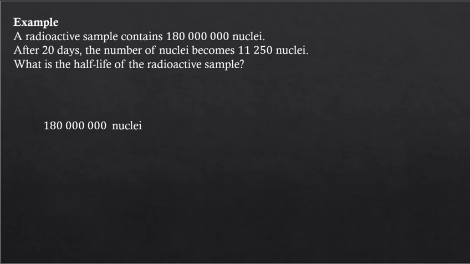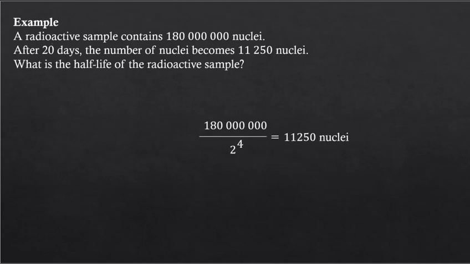Now to become 11,250 nuclei, we see that if we divide it by 2 to the power of 4, we will obtain 11,250 nuclei. So the number 4 here is simply the number of half-lives. So 4 half-lives is equal to 20 days, and therefore 1 half-life is 5 days.